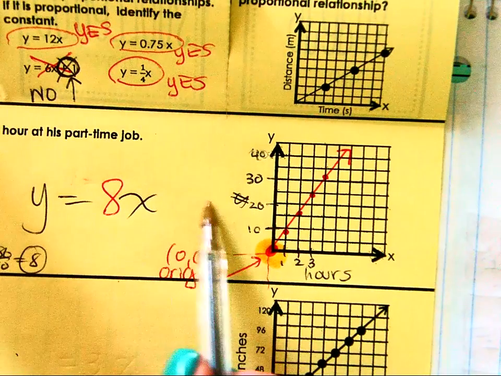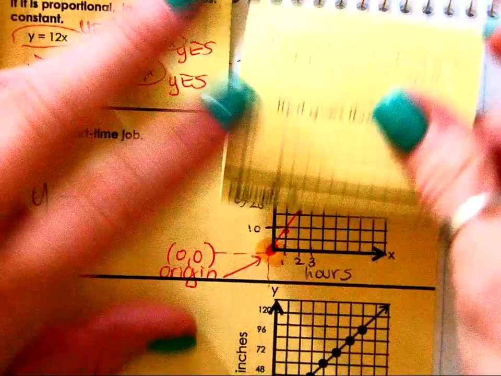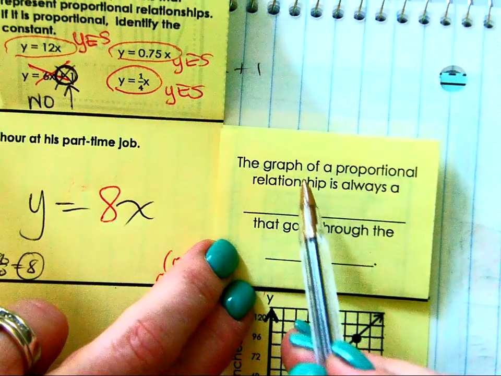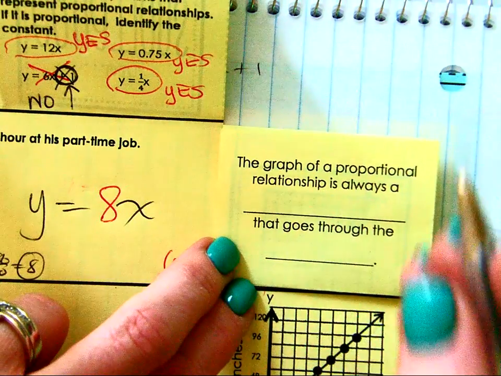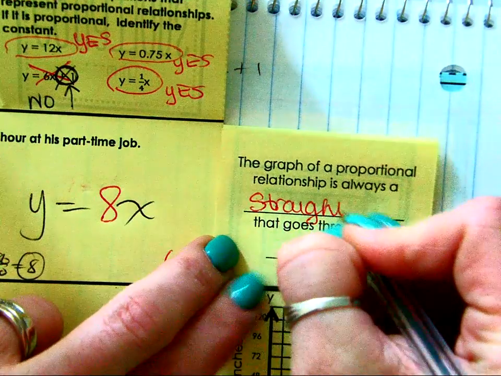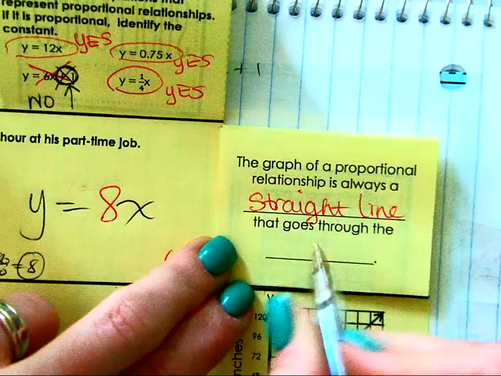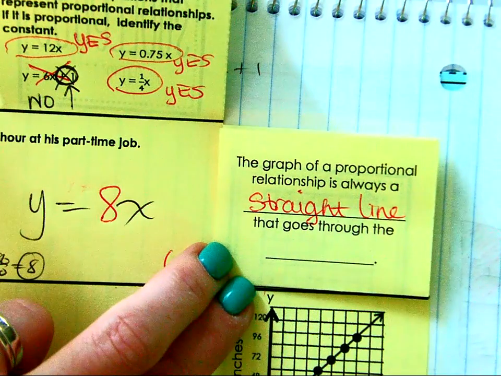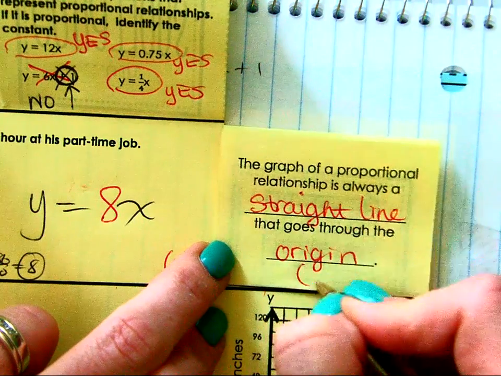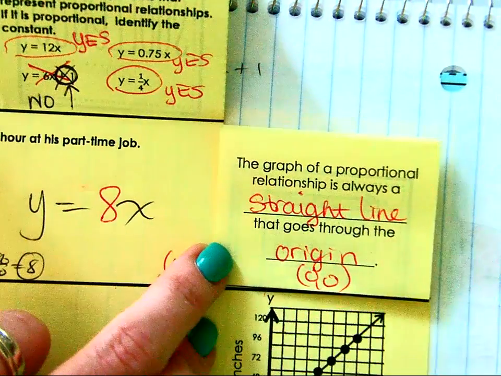The graph of a proportional relationship always is a straight line that goes through the origin. If those 2 things are true, according to your eyeballs when you look at the graph on the paper, then you're going to say, yep, it is.